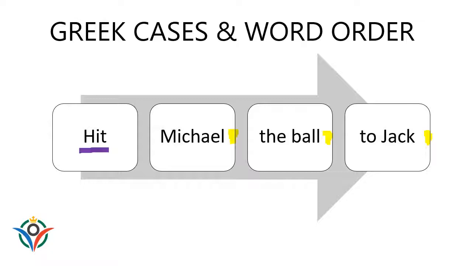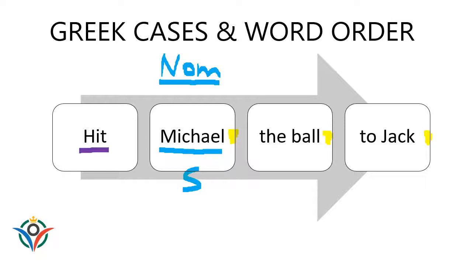Based on the knowledge that we have from the previous example, we would know that Michael is the subject because it would be in the nominative case. And the nominative case tells us that the word is functioning as a subject.